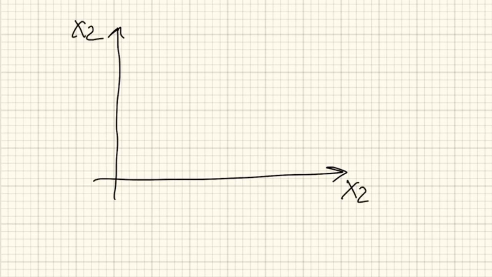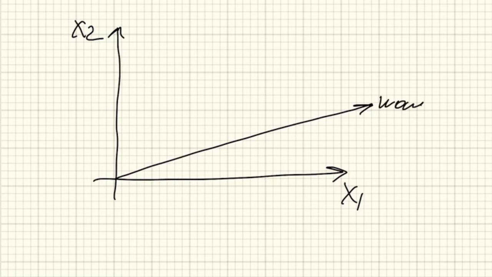Essentially, what we are looking at is a series of consumption. Let's call it X1 and X2. Here's the direction of preference for women, and here is the direction of preference for men.